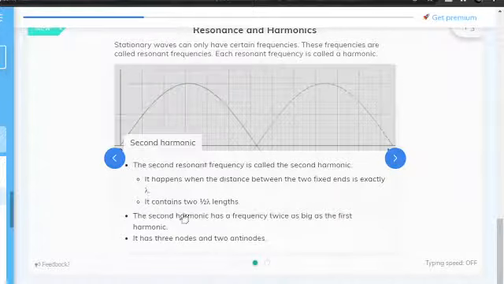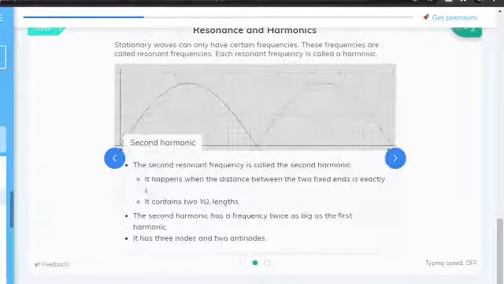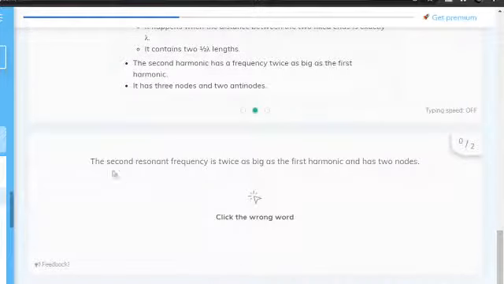The second harmonic is double the frequency of the first harmonic. And the third harmonic is 3 times the first harmonic. Simple maths.